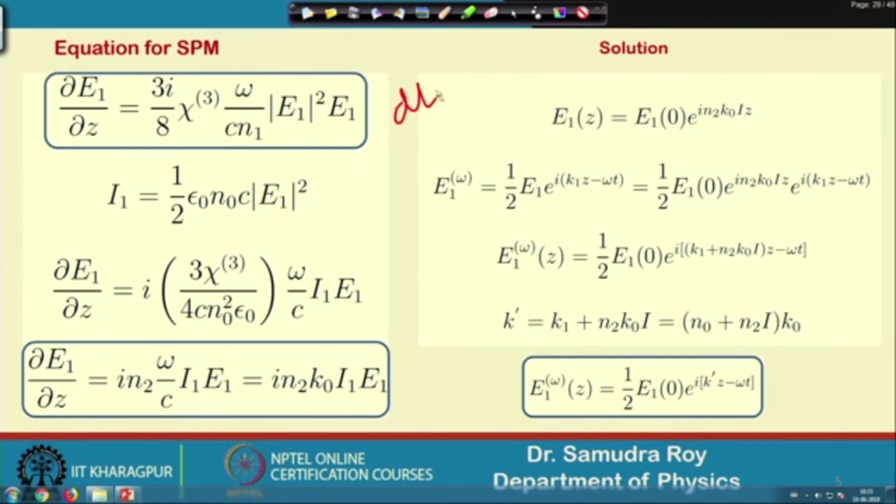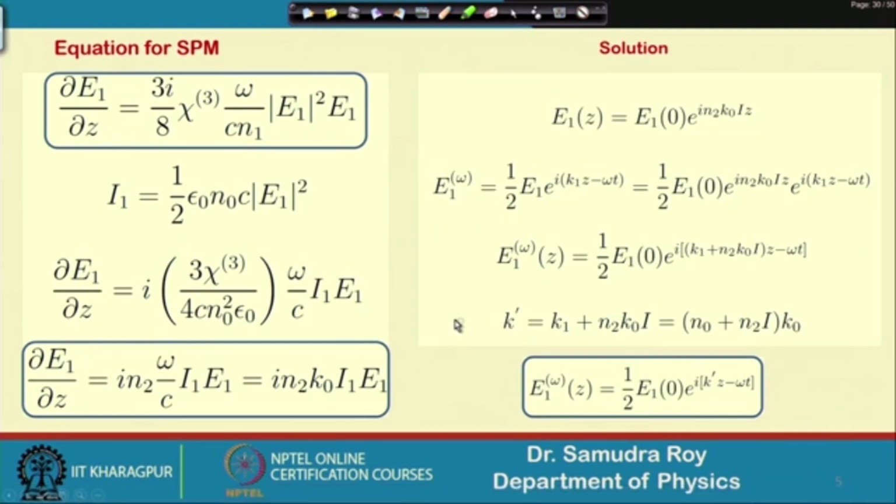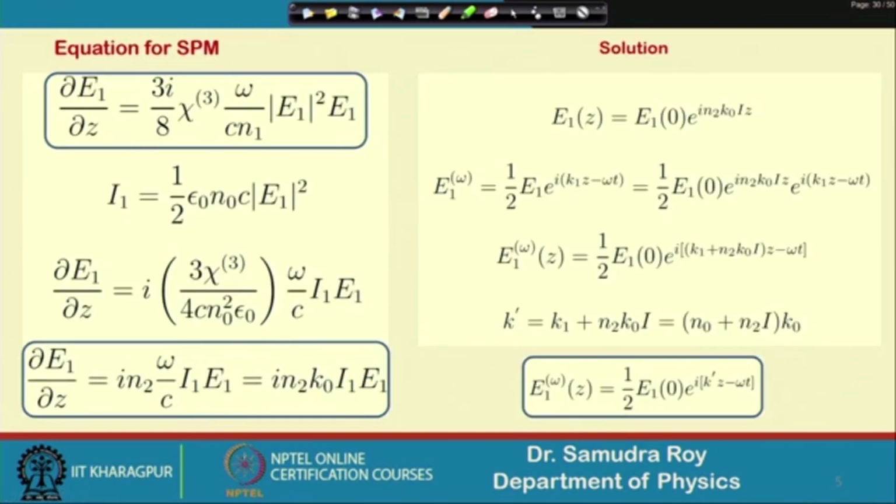One equation is simply dE1/dz equal to 0, that was the amplitude equation, and the phase equation was d phi/dz equal to gamma. Let me go back and check, it is only gamma mod of E1 square, because inside the gamma all this n2 and all these things were captured.